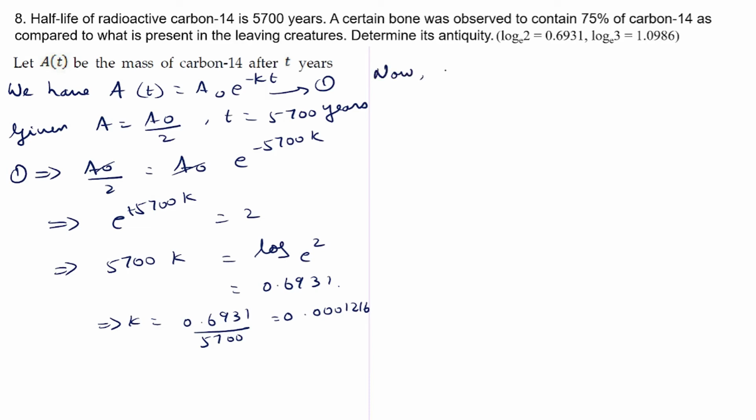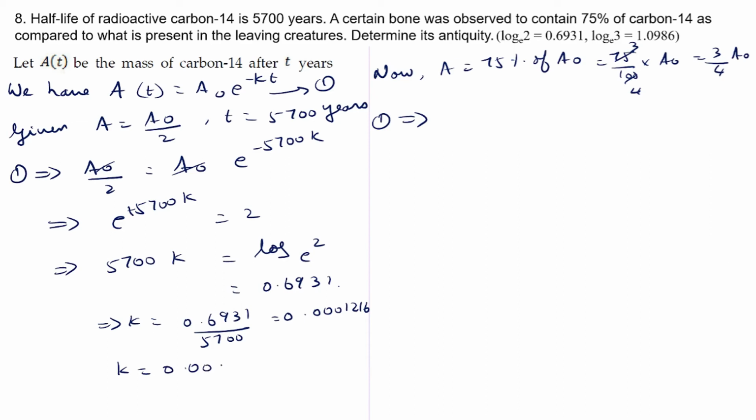Now A equal to 75% of A naught, that is 75 by 100 into A naught. This is 3 by 4 A naught. 1 implies, let us write k separately, 0.0001216, and mark this as 2.